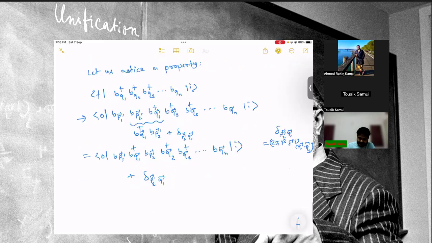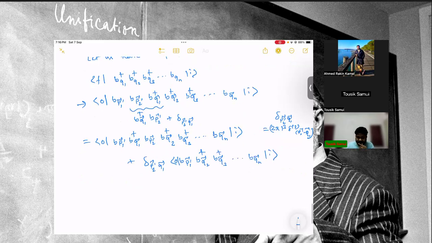And I have P1 prime and then P Q2 dagger, P Q3 dagger, and P Q0. So this term actually has one less creation operator, one less annihilation operator, but the first term still has the full set.